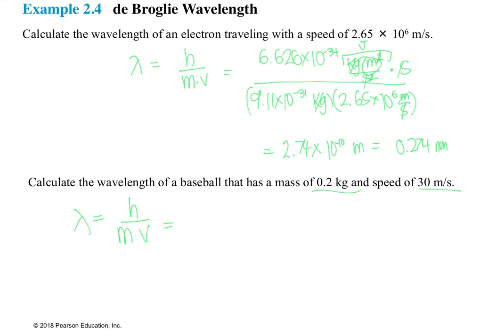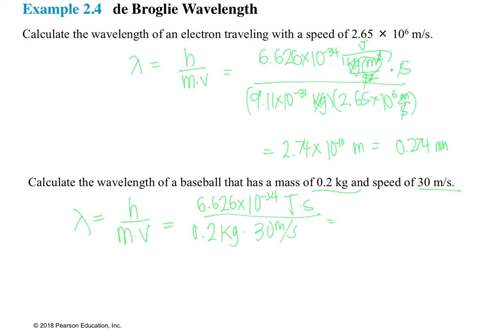I see a lot of students get confused with velocity versus frequency, so hopefully you're saying out loud velocity, not frequency, which looks more like a curvy fancy V. So we'll have that 6.626 times 10 to the negative 34 joules seconds. Mass here is 0.2 kilograms, and our speed or velocity is 30 meters per second.